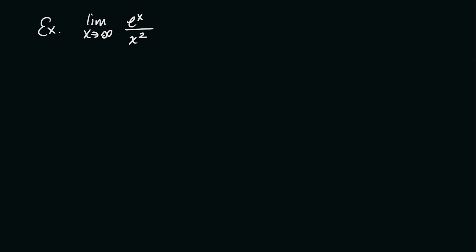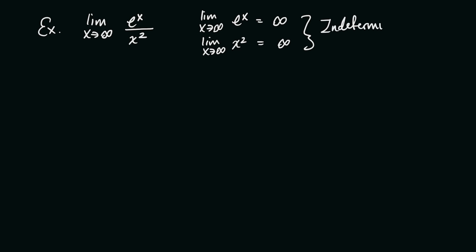By using L'Hopital's rule, we have to say that it has the indeterminate form. So the limit as x is approaching infinity of e to the x is equal to infinity, and the limit as x is approaching infinity of x squared is also infinity. So we can say in this case, indeterminate form of infinity over infinity.